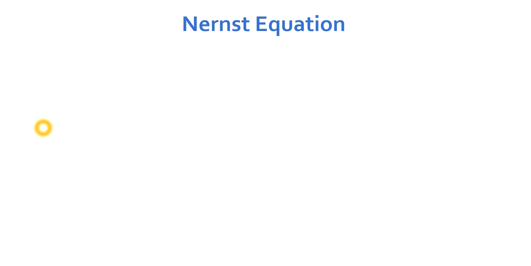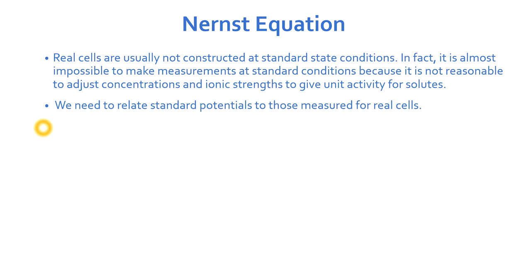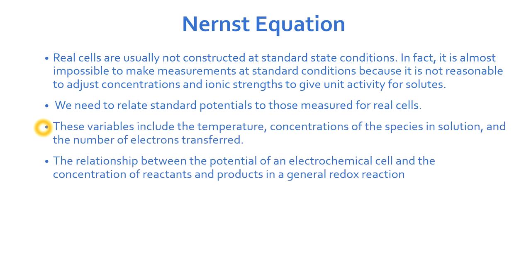The Nernst equation tells you the interrelationship between the variables that cause the potential of a cell to vary. These variables are temperature, concentration of species in solution, and number of electrons transferred.